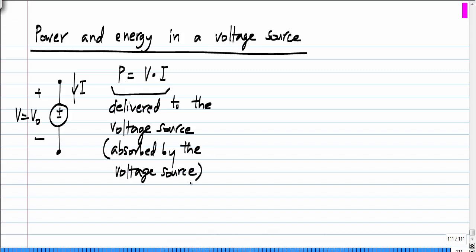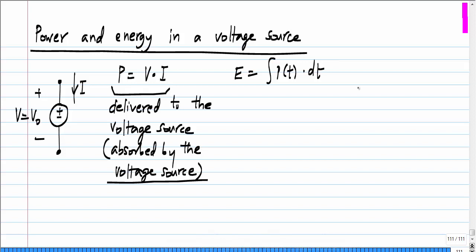The energy absorbed will be just the integral of power, nothing special about it. If you want to find the energy absorbed over a given interval, you integrate the power over that interval.